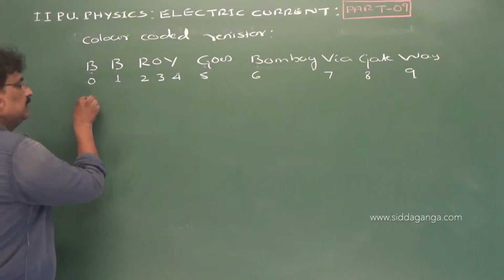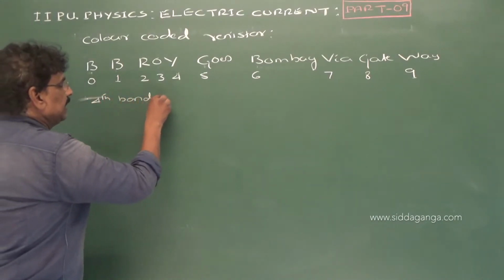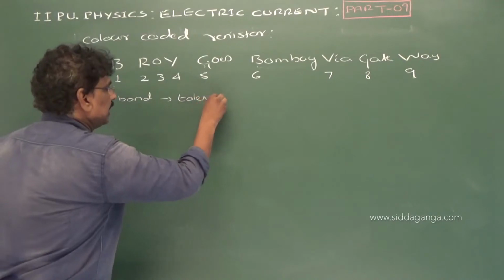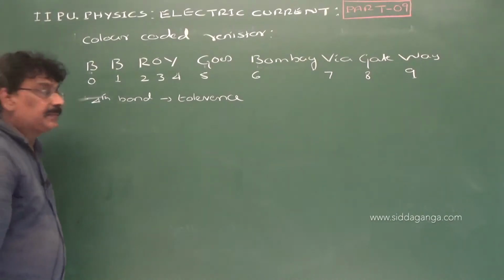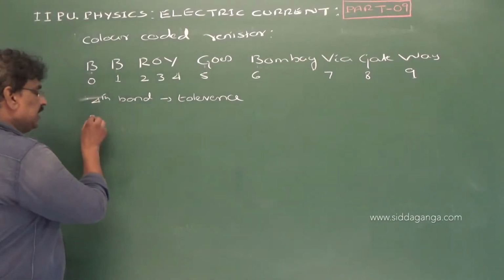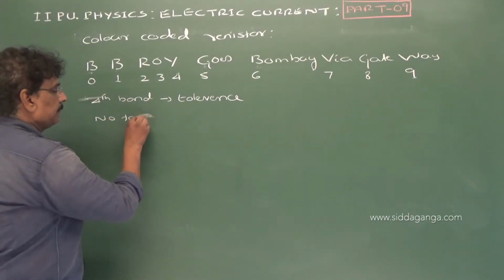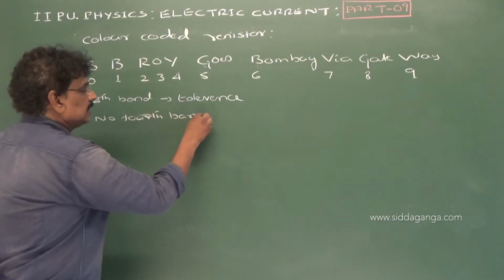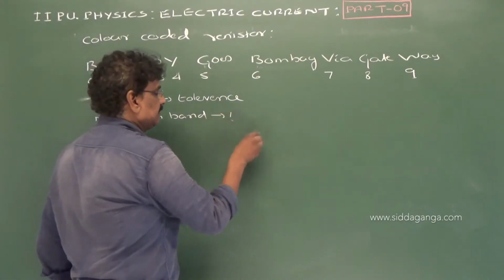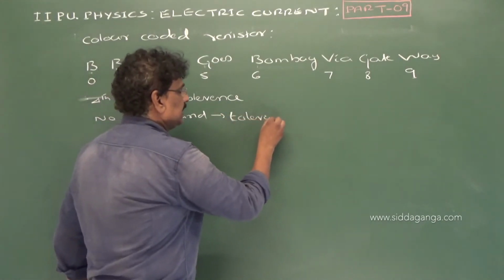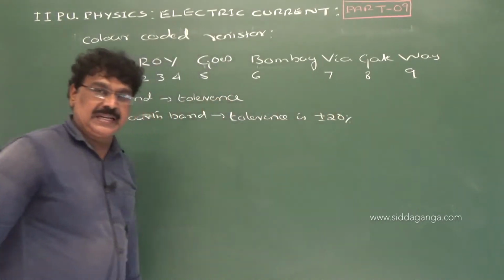The fourth band represents the tolerance of the resistance value. If there is no fourth band, that means there are only 2 bands, in this case the tolerance is plus or minus 20%.